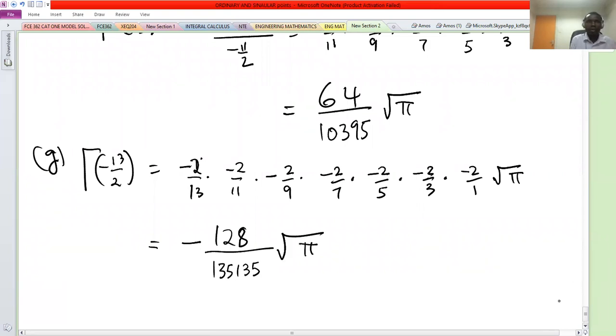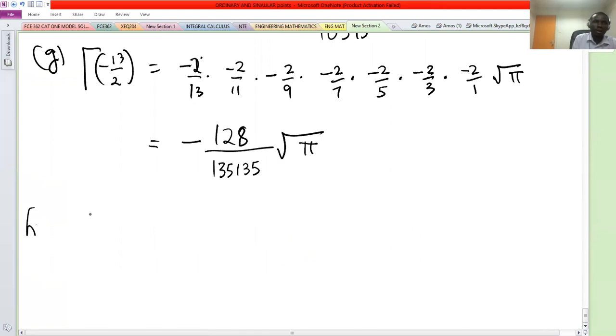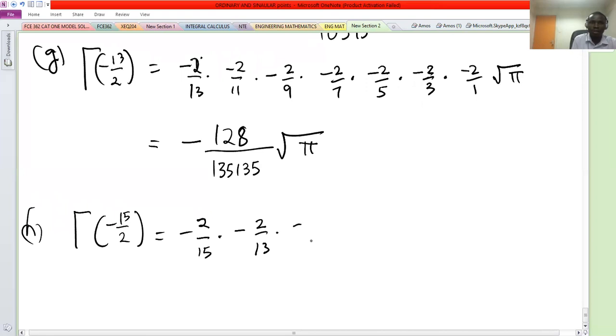Similarly, you can go further and even define gamma of minus 15 over 2, which will just be minus 2 over 15 times minus 2 over 13 times minus 2 over 11 times minus 2 over 9 times minus 2 over 7 times minus 2 over 5 times minus 2 over 3 times minus 2 over 1 root pi.